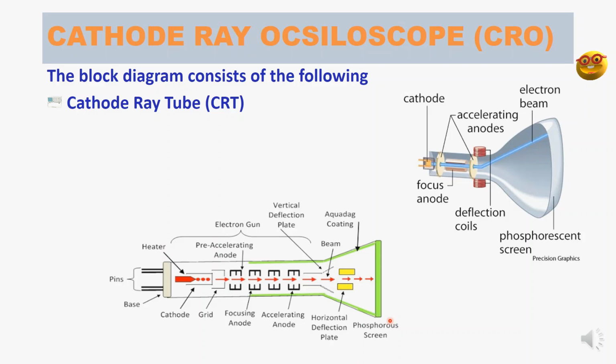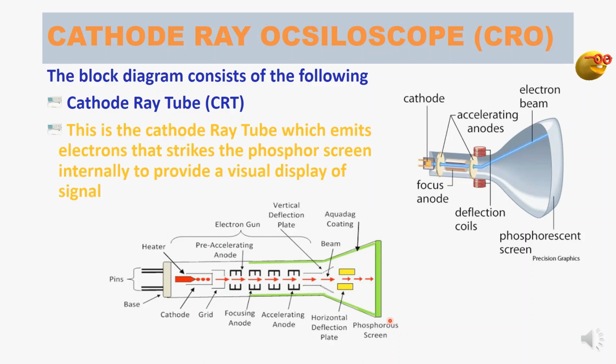So your CRT is like this. This is the cathode ray tube which emits electrons that strike the phosphorus screen internally to provide a visual display of a signal, right?